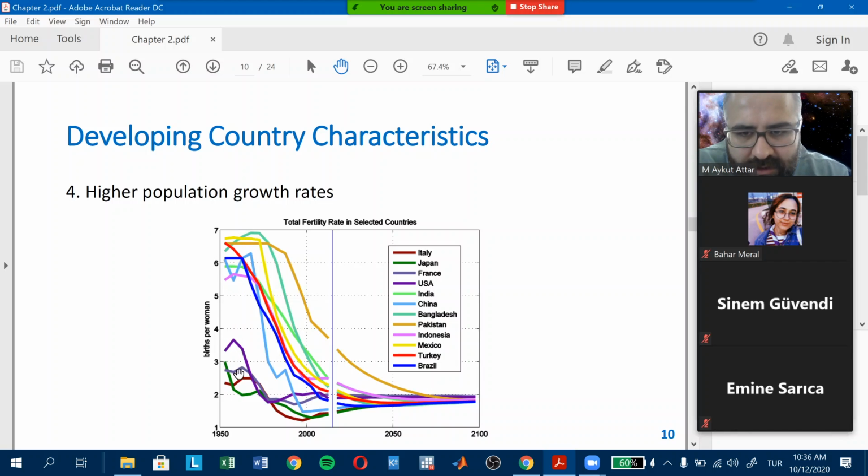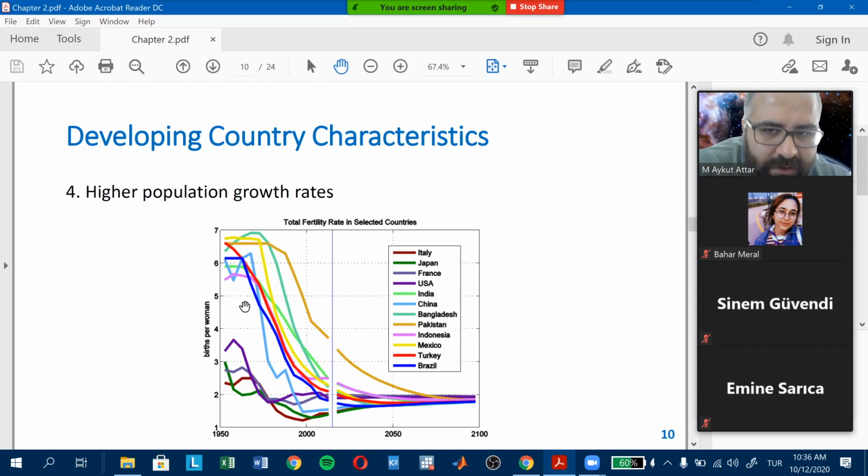In these countries, 2.5 to 3.5 kids per woman. Now in time, of course, in these developed countries, fertility rates keep decreasing. In developing countries, they are decreasing as well, but there is a difference between the fertility levels of these two different sets of countries.